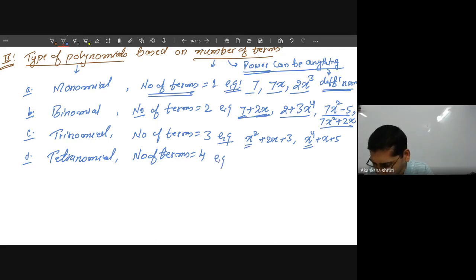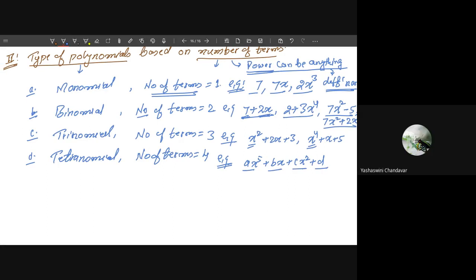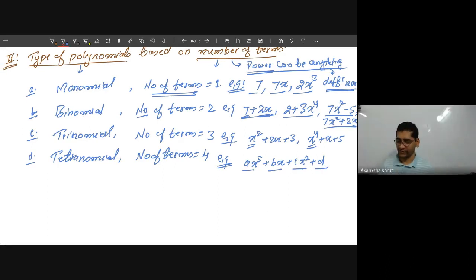Depending on degree, the name is given as linear, quadratic, cubic. For 4 terms, a student, if it is ax to the power 5 plus bx plus cx square plus d. How many terms are there? 1, 2, 3, 4. I have written this general a, b, c, d. You may take any number or any power you can take.